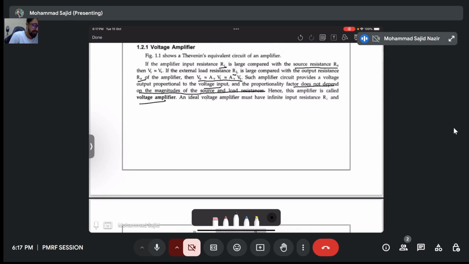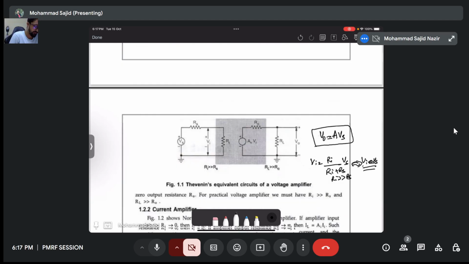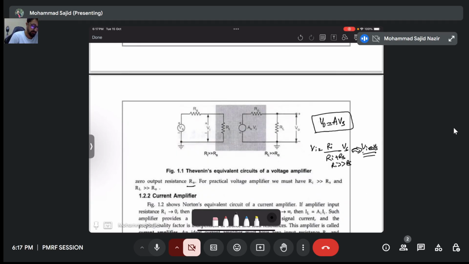For the ideal voltage amplifier, we should have an infinite input resistance and a zero output resistance. If we have infinite input resistance, I can get Vi equal to Vs. If I have zero output resistance, I can get the whole voltage across the RL. So that is what the ideal voltage amplifier is.